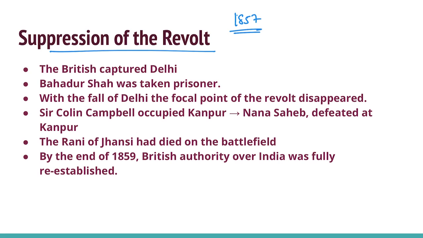His princes were publicly shot by Lieutenant Hudson, and the emperor was exiled to Rangoon, where he died in 1862. Therefore the great house of the Mughals was finally and completely extinguished, and it was the end of the Mughal Empire, and Bahadur Shah was the last king of the Mughal Empire.